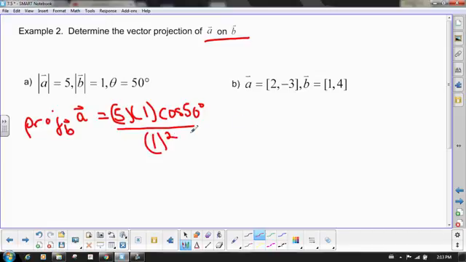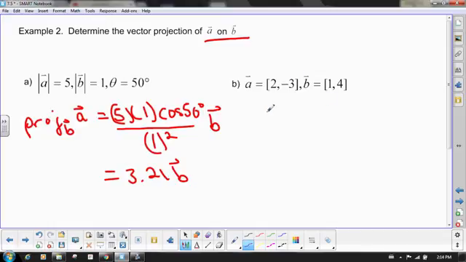So that's 1 squared times vector B. When we work this out, we get 3.21 B. I know the answer looks funny, but the B means that it's 3.21 units times however long vector B was.